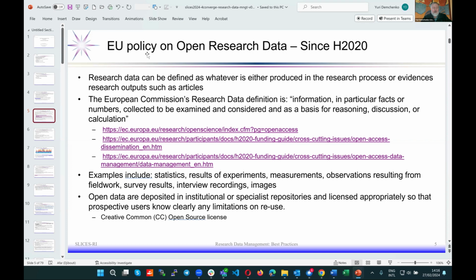So, more specifically, the European policy on open research data was introduced with Horizon 2020, say 8, maybe 10 years ago, and there are a number of sites that maintain this policy and provide access.